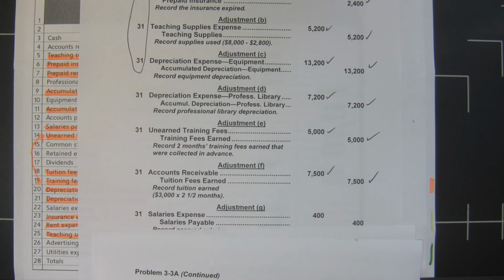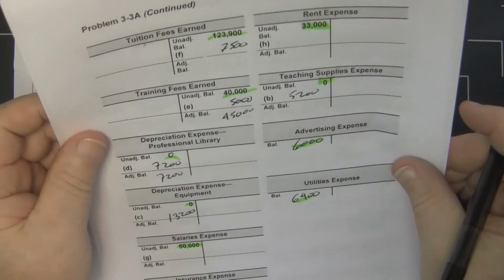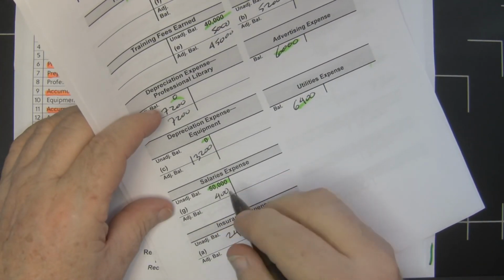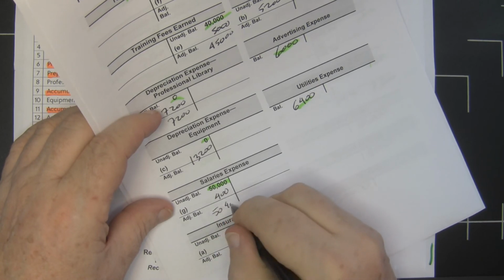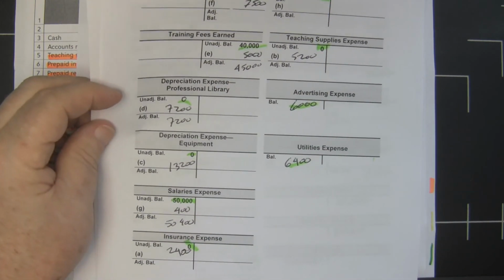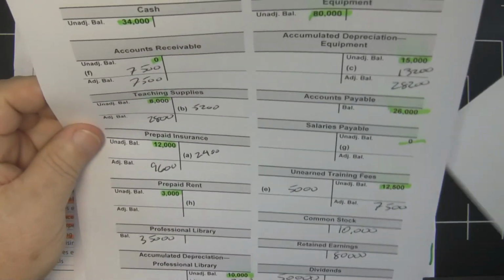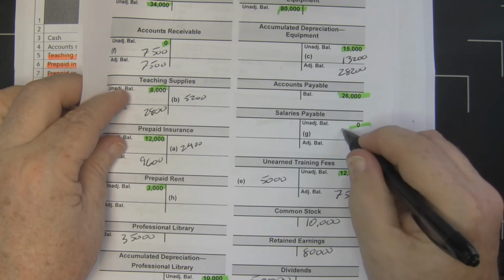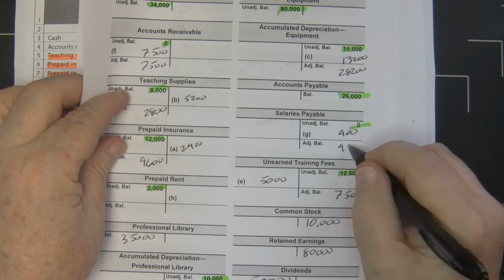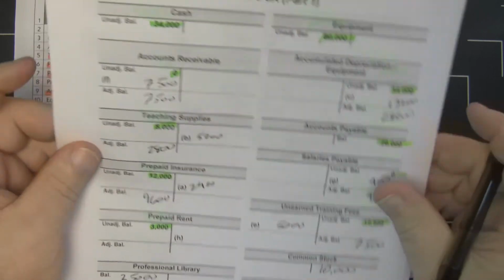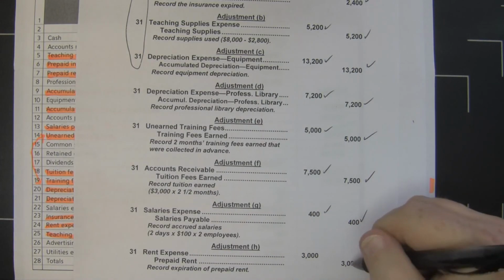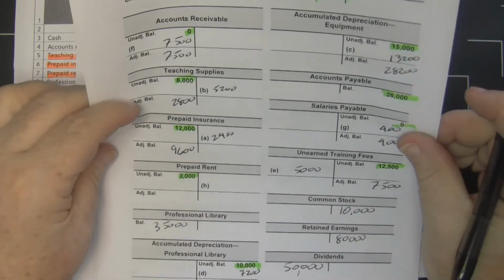Okay, salaries expense and salaries payable, $400. So salaries expense, debit $400. So I have $50,400. And salaries payable over here, $400. And my last one is rent expense and prepaid rent for $3,000.